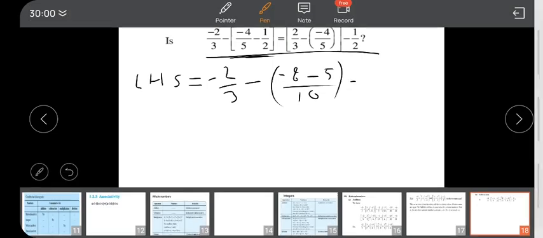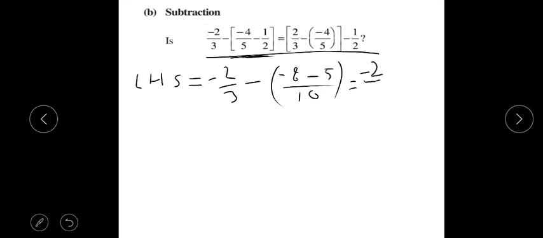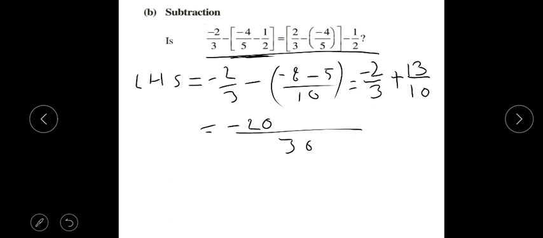So minus 2 upon 3 minus, now minus 8 and minus 5 is minus 13, and minus minus is plus, that is 13 upon 10. Again we will take LCM, that is 30, and minus 20 plus 39. So the answer is 19 upon 30.